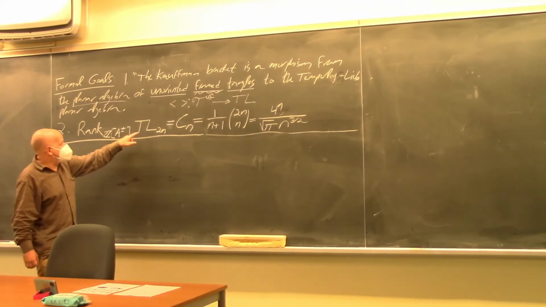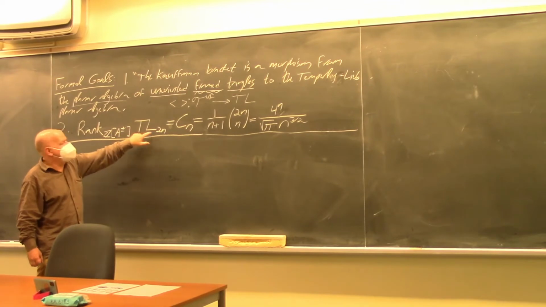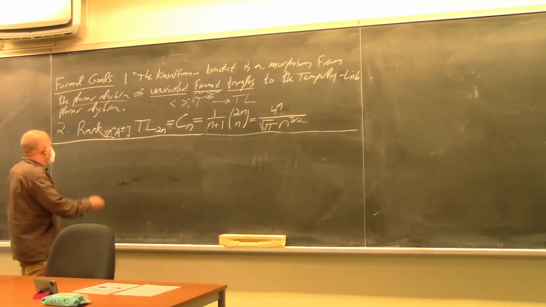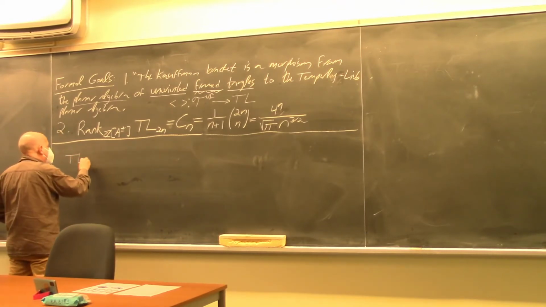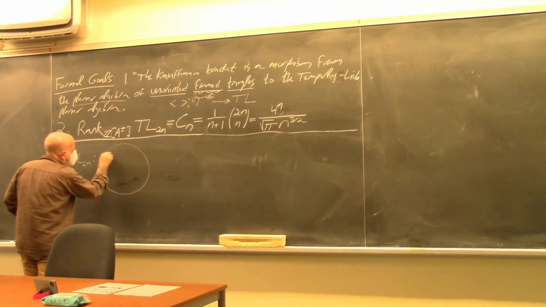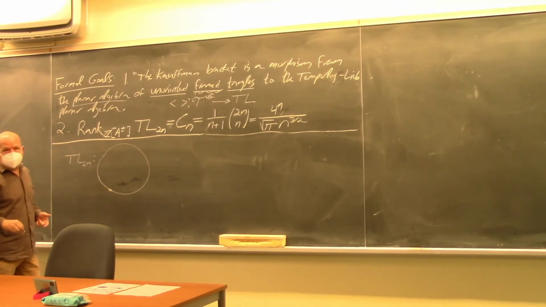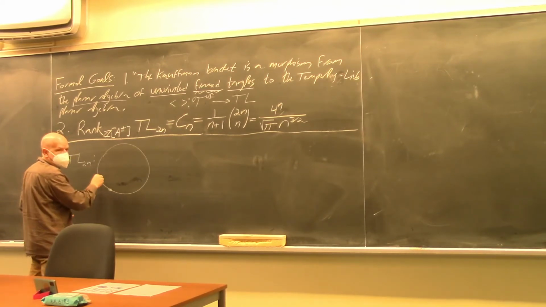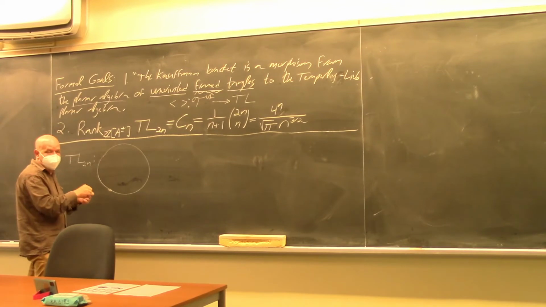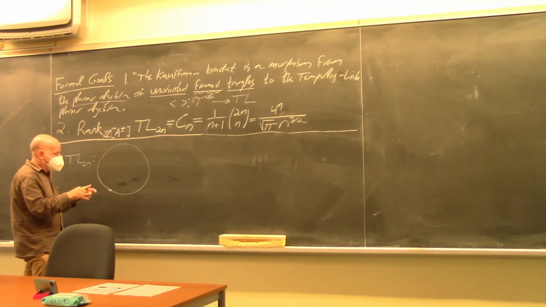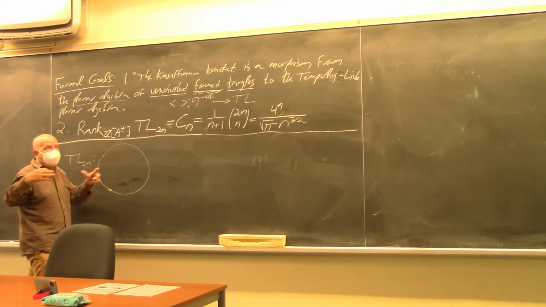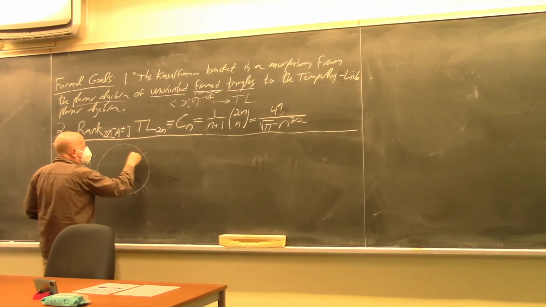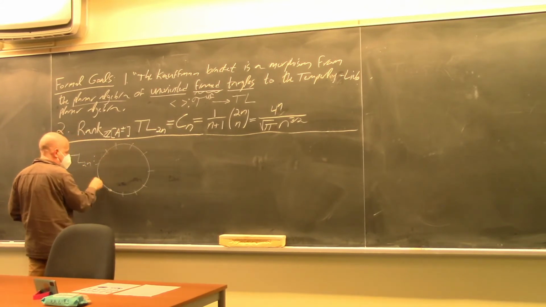So what's the dimension of Temperley-Lieb in 2n? I remind you, you take a circle with a base point, and you have 2n points marked other than the base point, the connectors, the things that connect to the outside. So 1, 2, 3, 4, 5, 6, 7, 8, 9, 10, say.